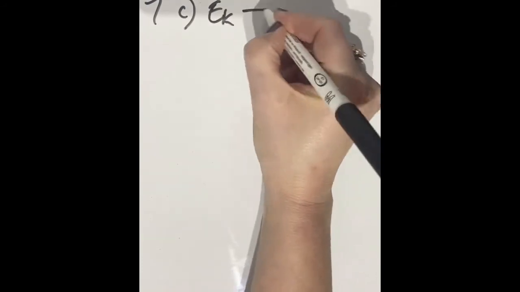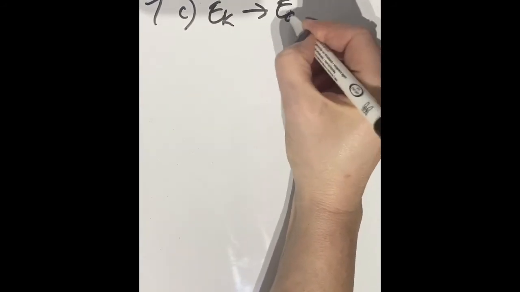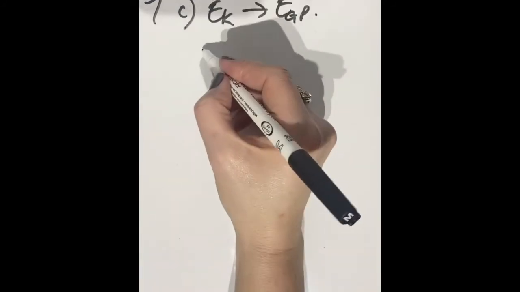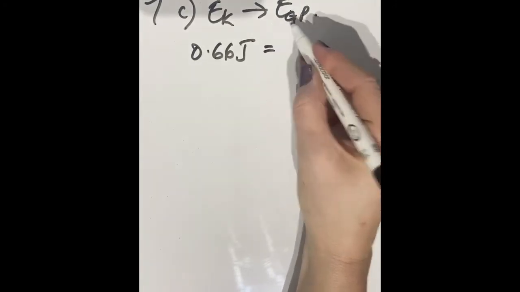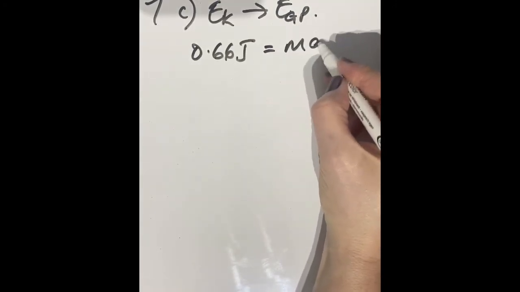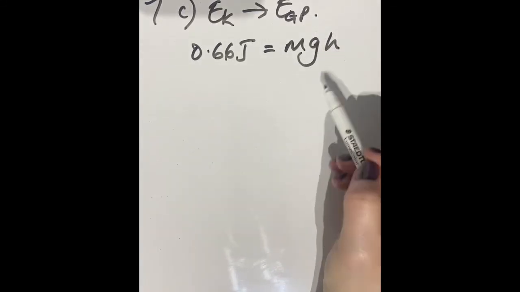Okay, last bit. The height that it reaches on rebound. So let's assume that all that kinetic energy is converted into gravitational potential energy. Okay, so if we had 0.66 joules, that becomes mass times g times h, which is the equation for gravitational potential energy.